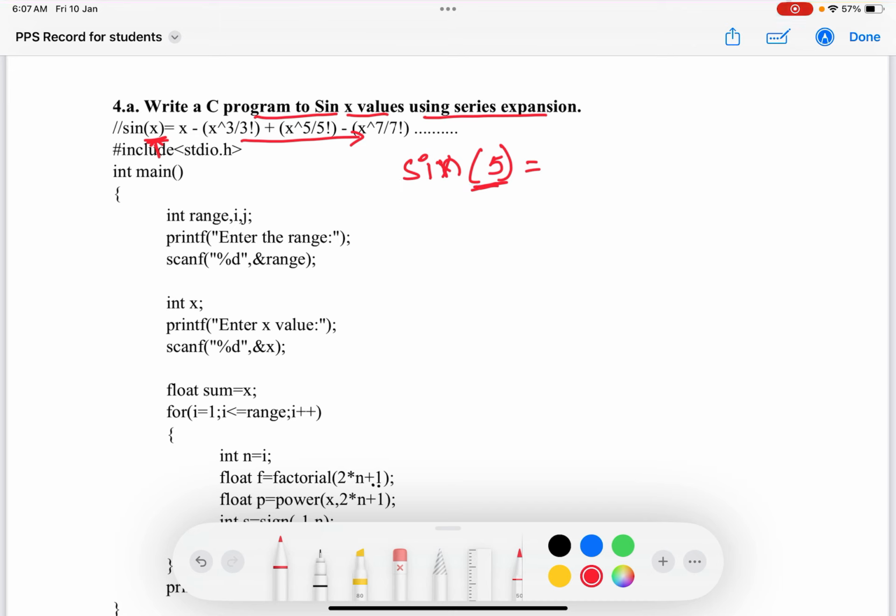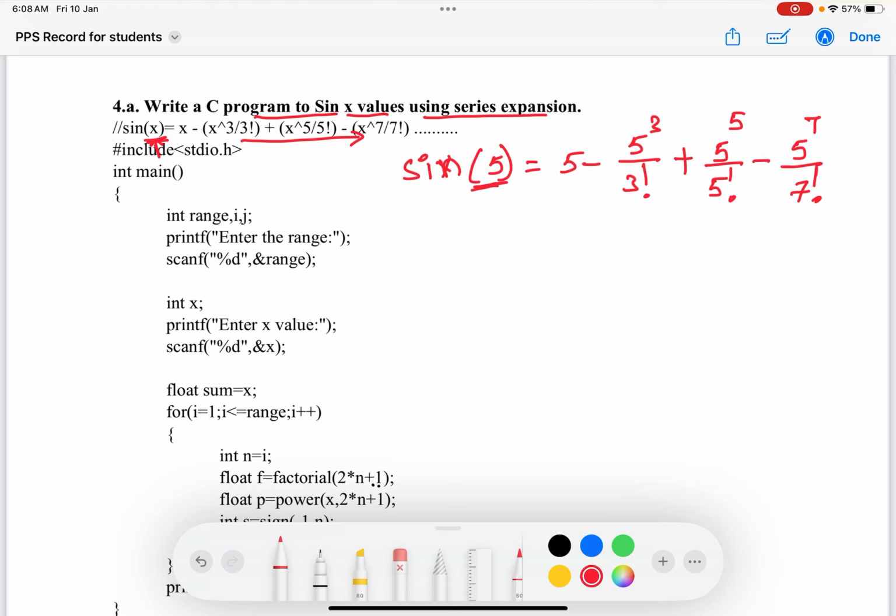Now substitute this value in the given expansion: x minus x cube by 3 factorial plus x power 5 by 5 factorial minus x power 7 by 7 factorial. So this is the sin x series expansion.